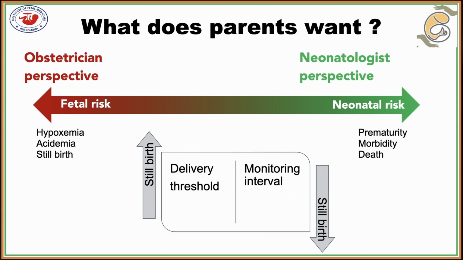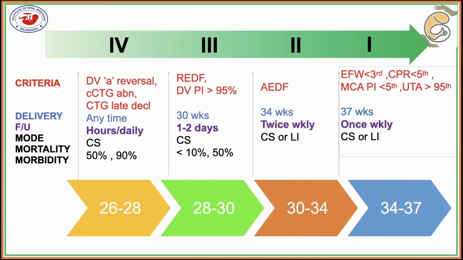You are managing an FGR case, and the parents have all the information from the net. Suppose this case is in stage 2, so you are supposed to call them twice weekly. By chance you have casually called them once weekly, saying we will see, and there is a demise.